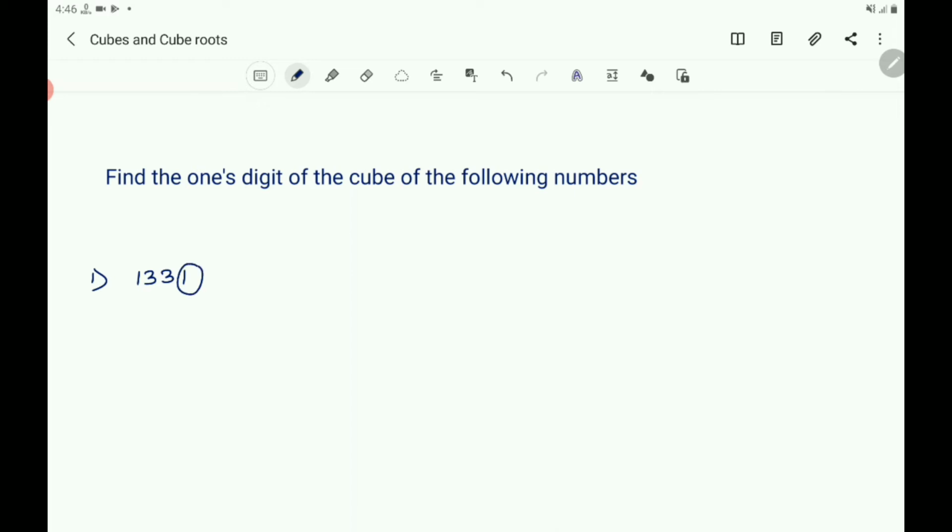Here the ones digit is 1. So its cube also has 1. Here you write the number, its unit digit or its ones digit, and the ones digit of its cube.